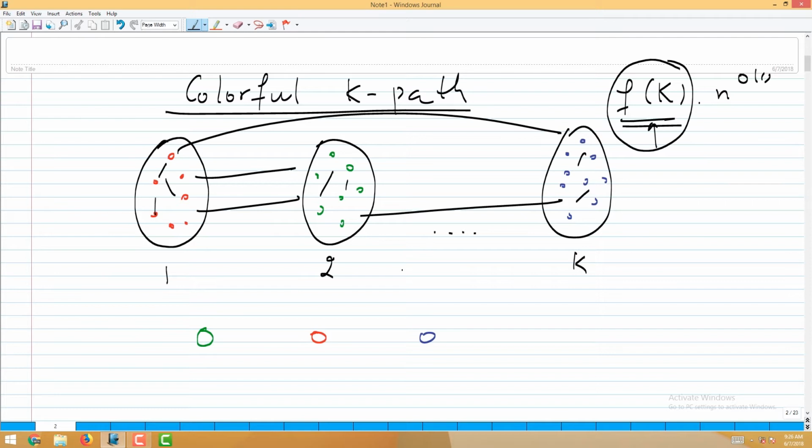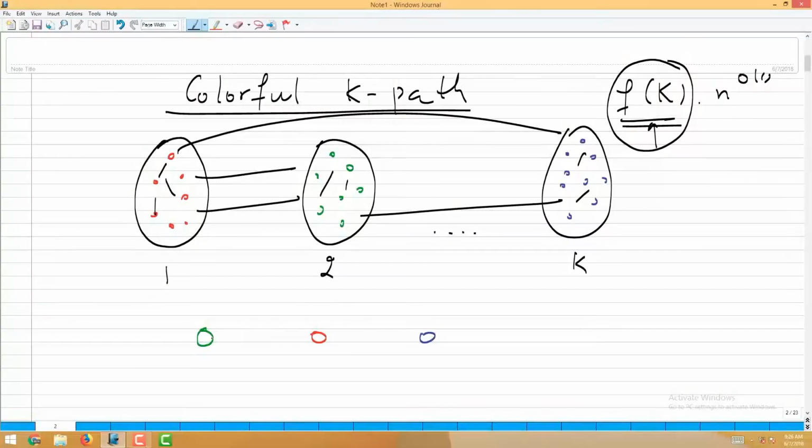Once I guess that, what is the problem we are looking at? We are looking at a k path. Earlier we were looking at a k path that was colorful. Now we are looking at a k path whose first vertex is green, second vertex is red, and third vertex is blue. And I'll try to find a k path for every possible ordering of these colors.